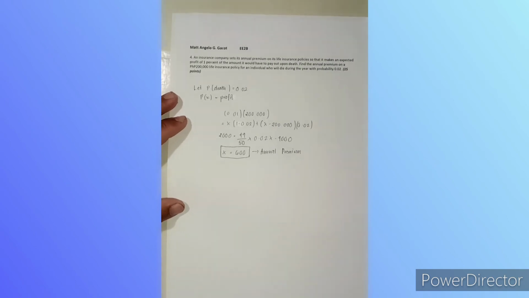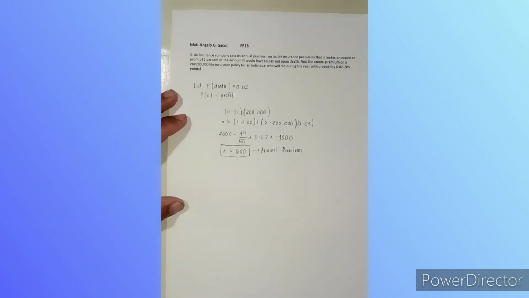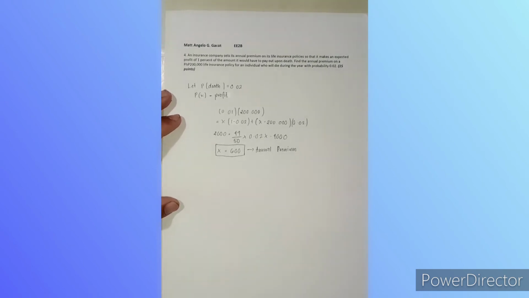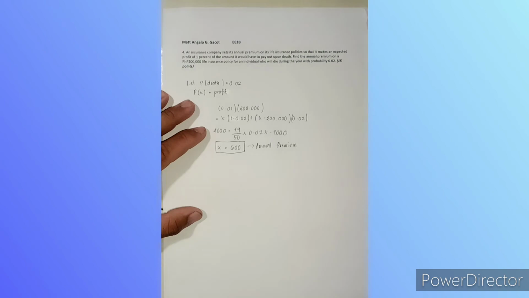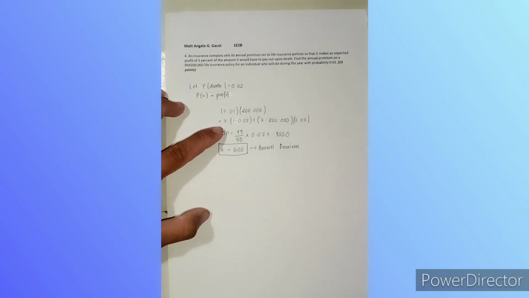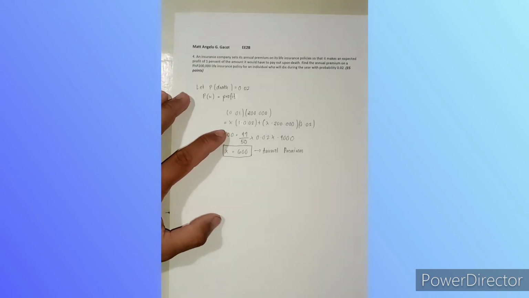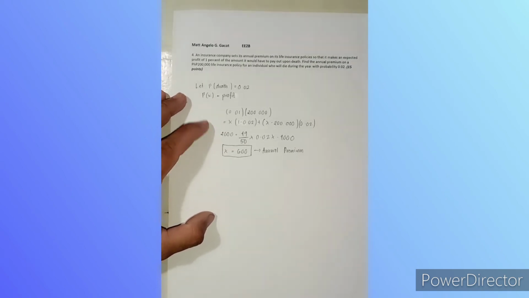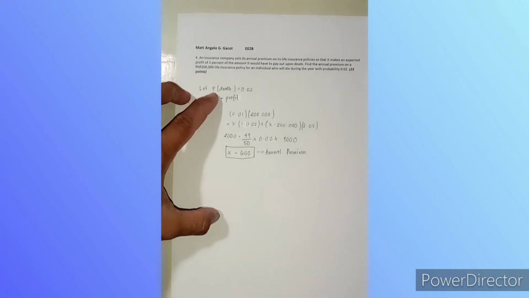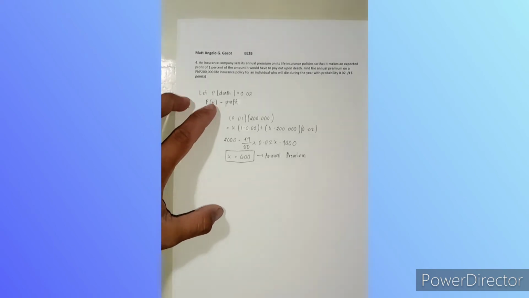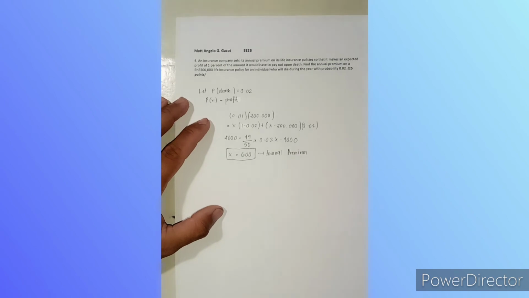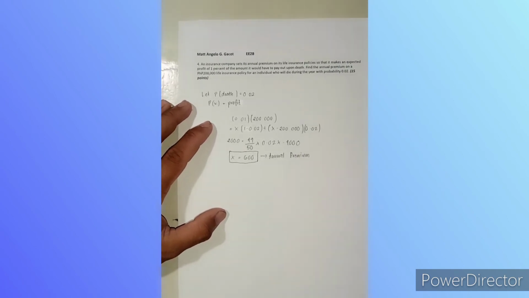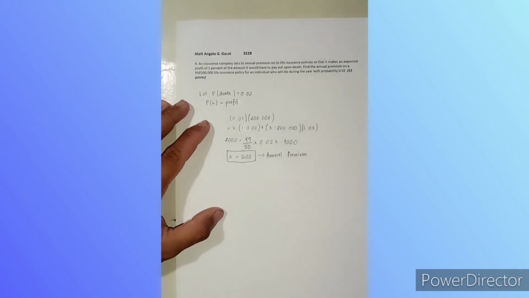So for the profit, 0.01 times 200,000. So our X, the quantity of 1 minus 0.02, times the premium, plus the quantity of X minus 200,000 times 0.02.